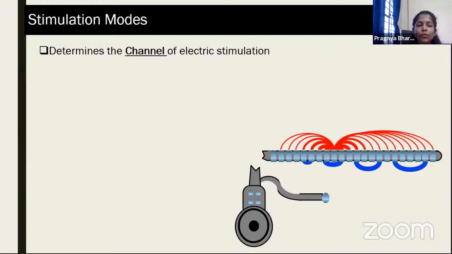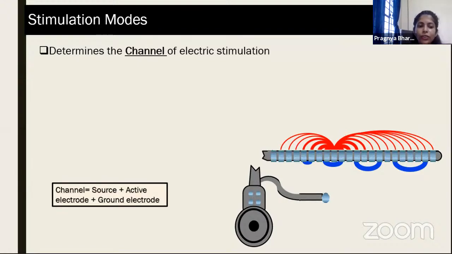So first, talking about the stimulation mode. The stimulation mode generally determines the active channel, or the orientation of the active channel, in a cochlear implant. A channel in a cochlear implant is basically made up of the source of the electric current, which in most cases is at the level of the receiver stimulator, but in certain cases it could be at the level of the electrodes themselves, plus the active electrode.